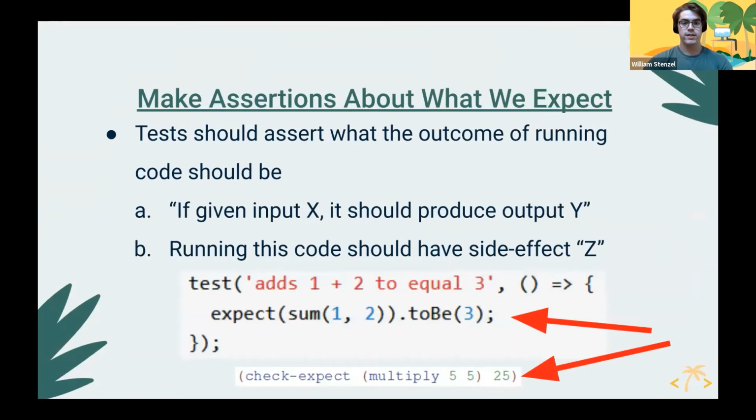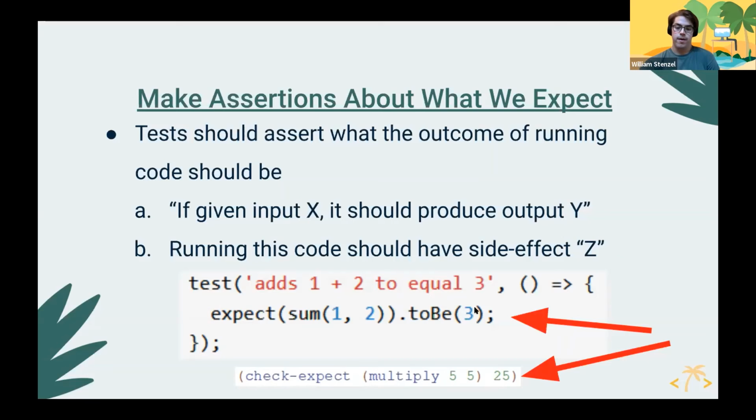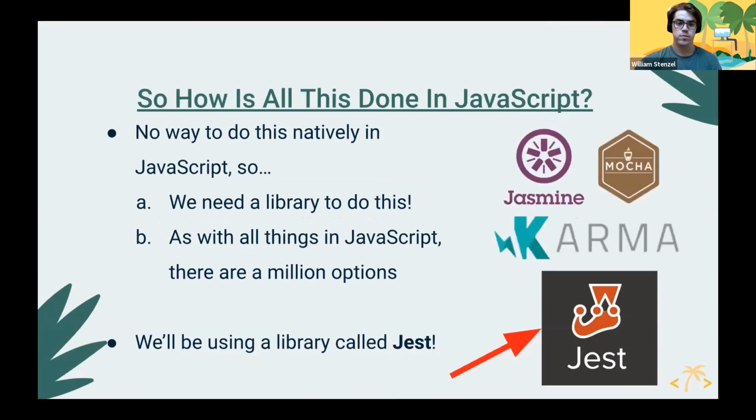The second part is actually making assertions about what we expect. This is the execution of the test. If we go through this example, add 1 plus 2 equals 3. The expectation is that the sum of 1 and 2 should be 3. Both of these are pretty straightforward, but they are very important as well.